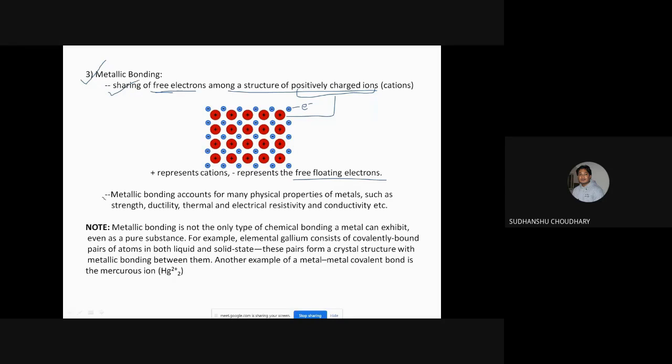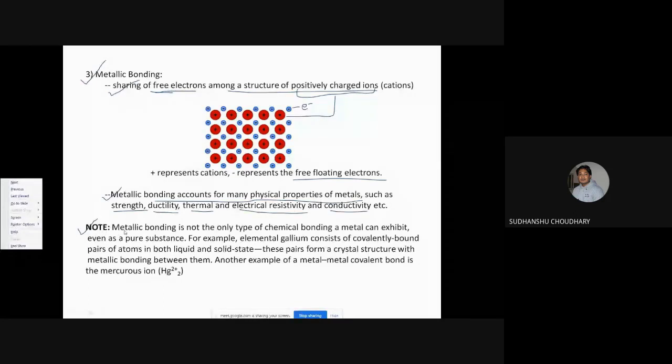This metallic bonding accounts for many physical properties of metals, such as strength, ductility, and thermal and electrical conductivity. The important point to note over here is that metallic bonding is not the only type of chemical bonding a metal can have.